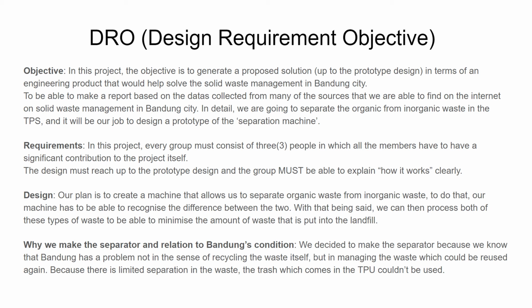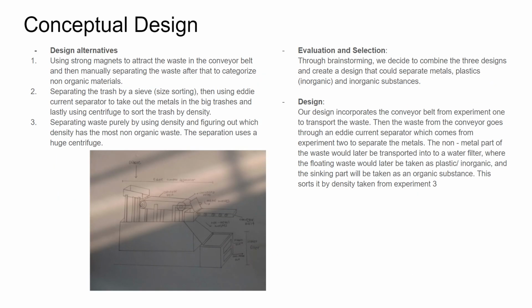All right, moving on to the conceptual design. First of all, we have created three alternative designs. The first one uses strong magnets to attract the waste on the conveyor belt and then manually separates the waste after that to categorize non-organic materials. This design only uses magnets to take the waste that is metals and the like.